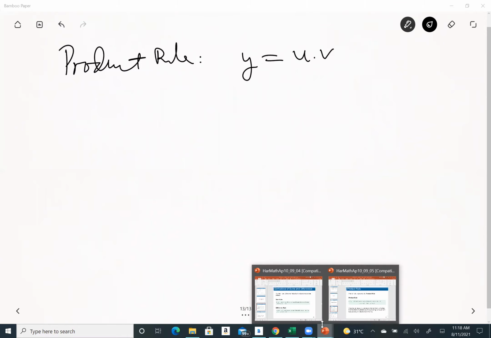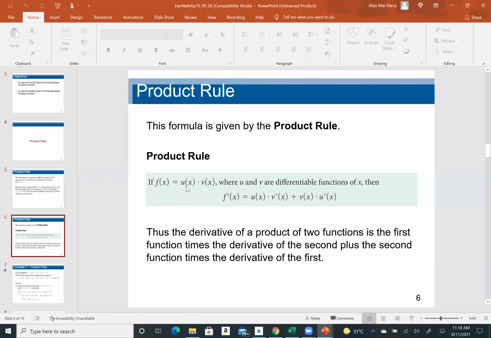Okay, you have the product rule. You have y equal to u times v. We make it short. It's u of x, v of x, and it will be something like this: u of x multiplied by v of x.